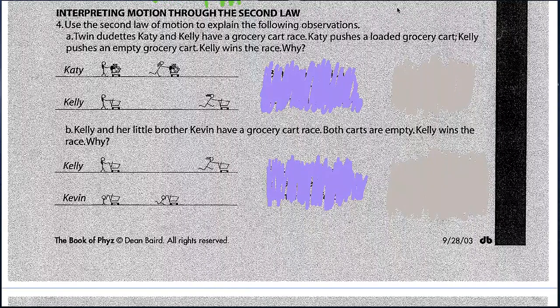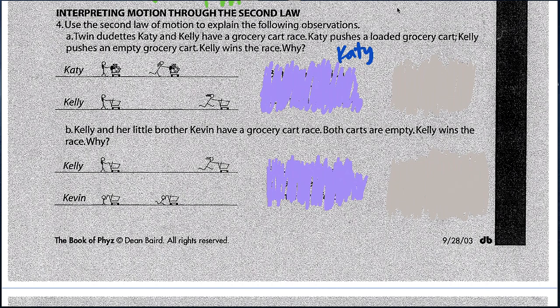So we've got Katie and Kelly in the grocery store. They're doing a little race. Katie and Kelly are twins, so we are going to assume that because they're twins, they have equal amounts of strength. So we see Katie's cart is loaded down, lots of mass. We're going to write an equation for this. First we've got Katie.